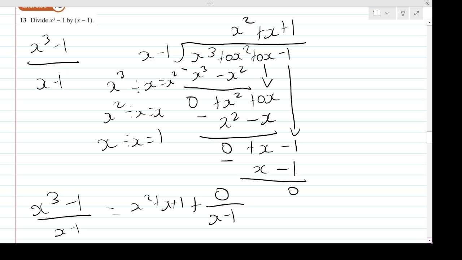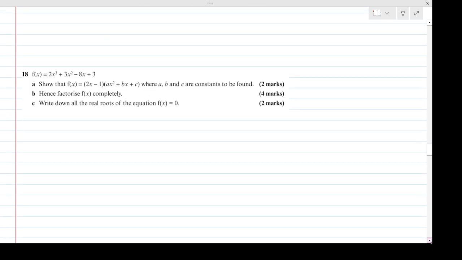So we have 0 left over from x minus 1. But that's just 0, right? So that'd be just nothing. So there we are. So that is what we're left with, is this. So we purely just get a quotient there. So there we are. Let's have a look at this question then.